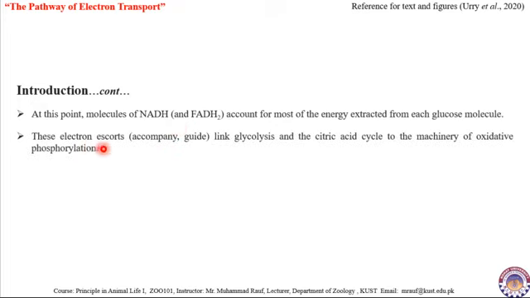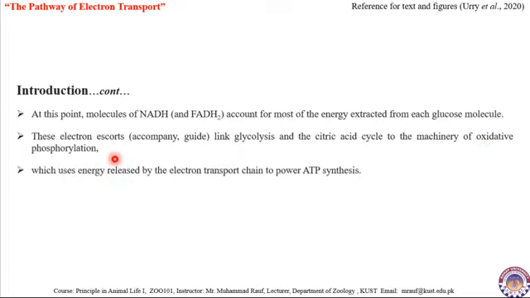These electron escorts link glycolysis and the citric acid cycle, because they are the products of glycolysis and the citric acid cycle. So they will run the machinery which will result in the production of ATPs through oxidative phosphorylation, which uses energy released by the electron transport chain to power ATP synthesis.